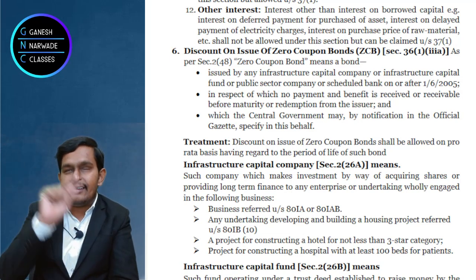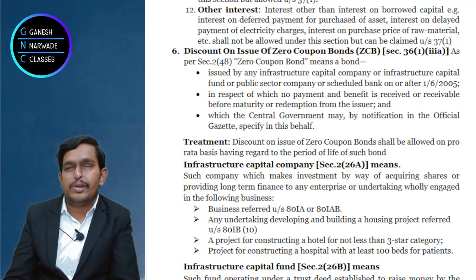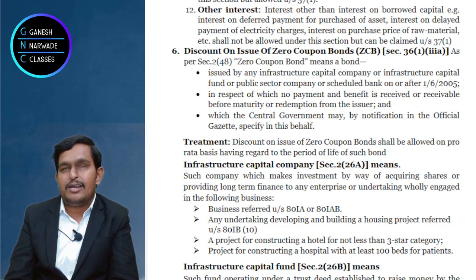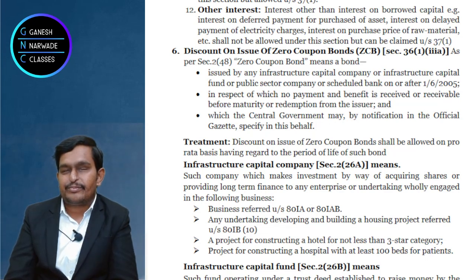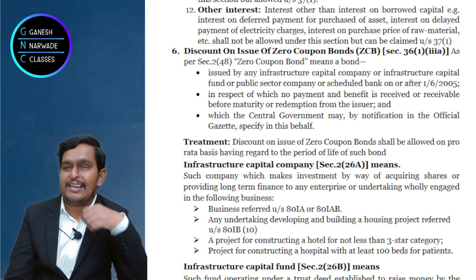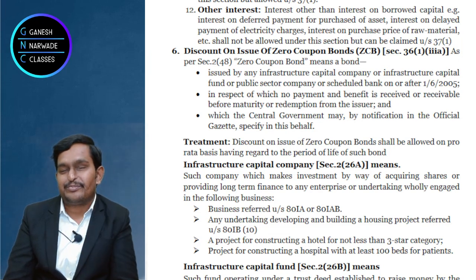Now this difference of 40 rupees, what is this? That is the discount on zero coupon bonds. Now when should NTPC claim the deduction of 40 rupees? Payment is done on the maturity, but the deduction they can claim every year.